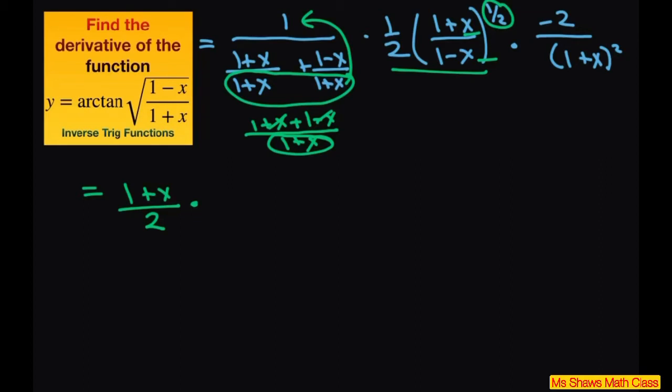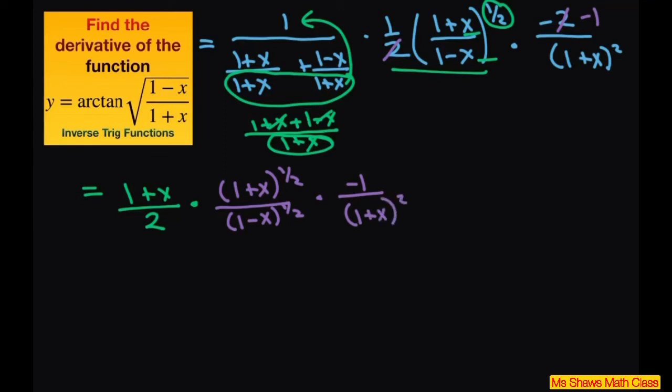I also can cancel out my 2's if I want, so I can cancel out these 2's, call this negative 1. Make it a little easier. So now I have (1 plus x) to the 1/2 divided by (1 minus x) to the 1/2 power, then times negative 1 divided by (1 plus x) squared.